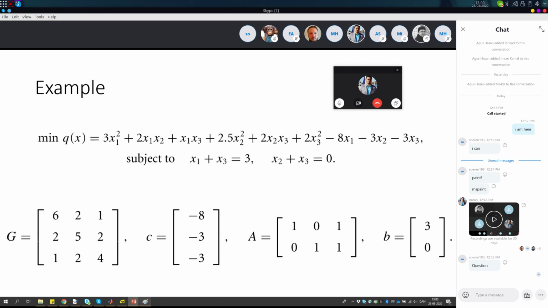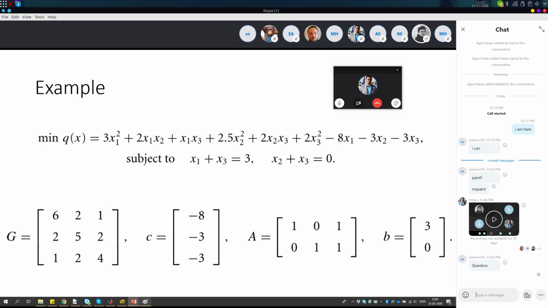So the trick to build or generate this G from here is, first of all, G is a symmetric matrix, meaning that the transpose of this matrix will be equal. So this entry will be equal to that entry, and this one will be equal too. And then from here, if you have squares like x1 squared, x2 squared, and x3 squared, those go on the diagonal.